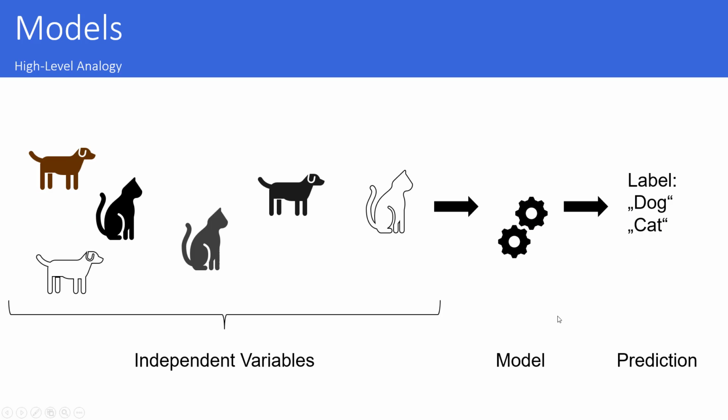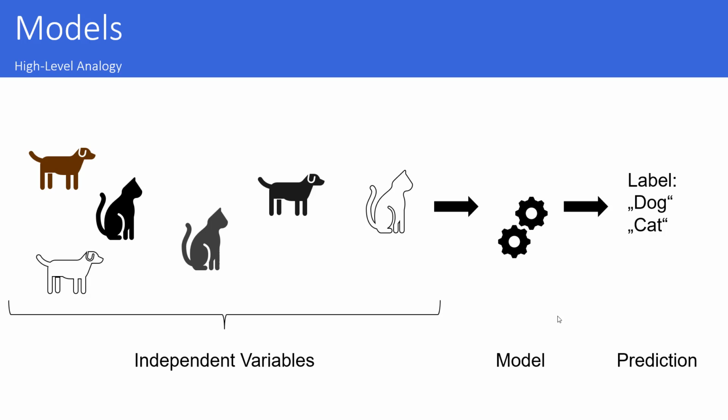Now you will see how this works for a machine learning model. It is actually pretty similar. Your task is to develop a dog-cat classifier, which will provide a label for an image that is showing either a dog or a cat. You have independent variables. In this example, there are different images of cats and dogs. These are passed then to a model together with an actual label for each image.